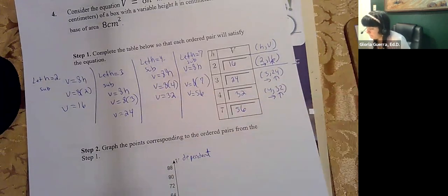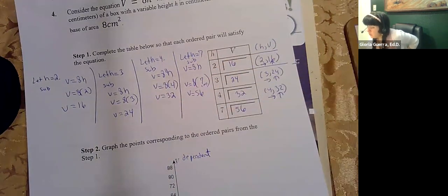H was the height in centimeters, so those heights were in centimeters.